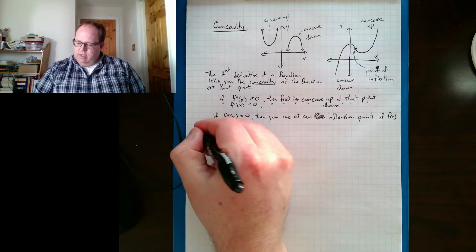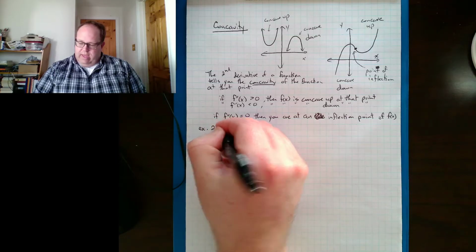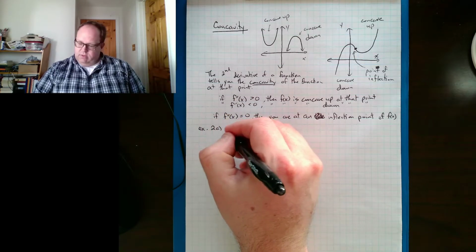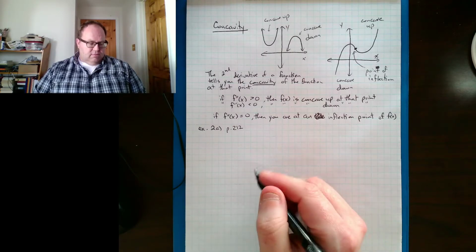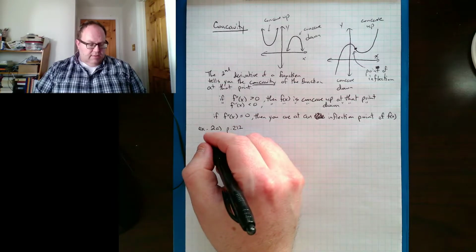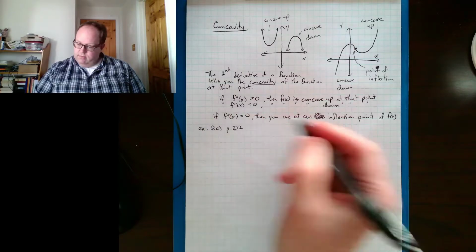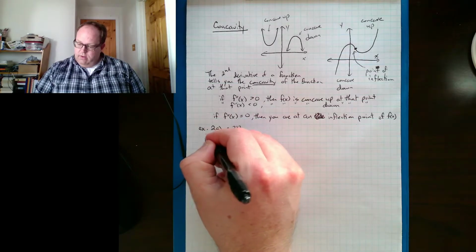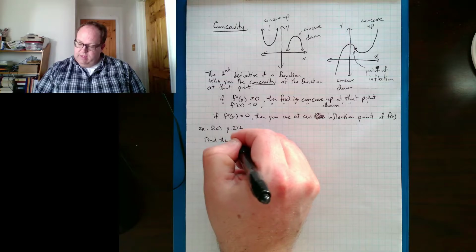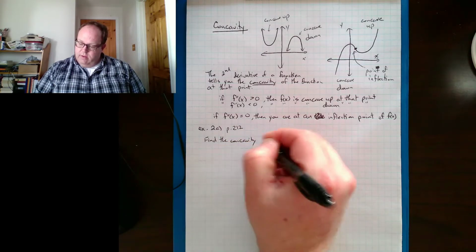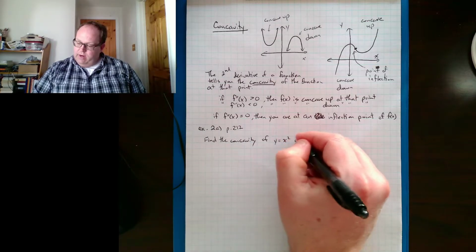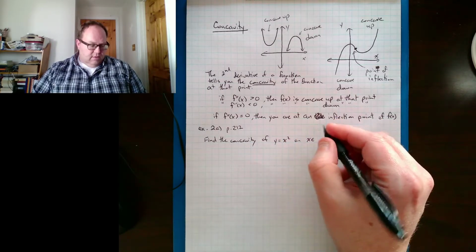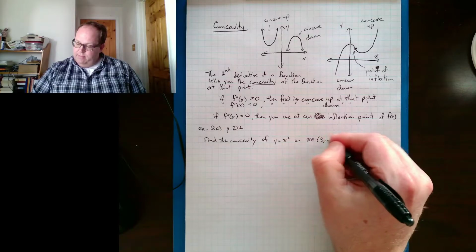So this is example 2a from page 212, which I bring up because it shows our old friend, the quadratic. Find the concavity of y equals x squared on x between 3 and 10.